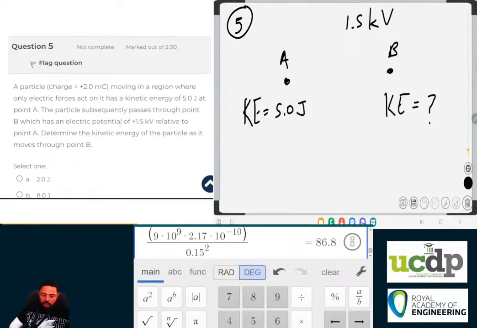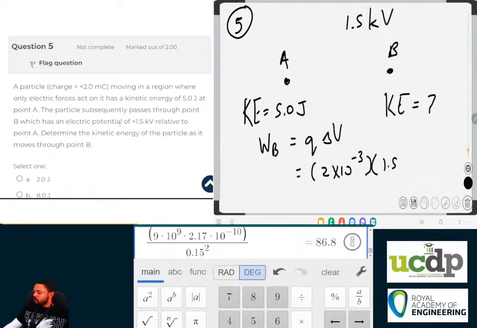Okay, now the work done to move from A to B for this particle is the charge of the particle times the change in the potential. Let me write down the formula first. The charge of the particle in this case is 2 times 10 to the negative 6, it's 2 microcoulombs, and the change in the potential is 1.5 times 10 to the 3.